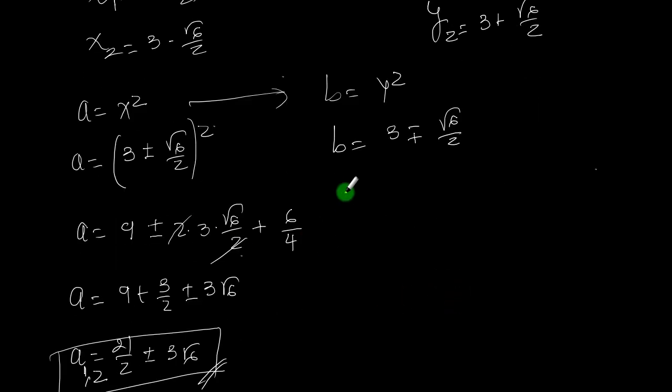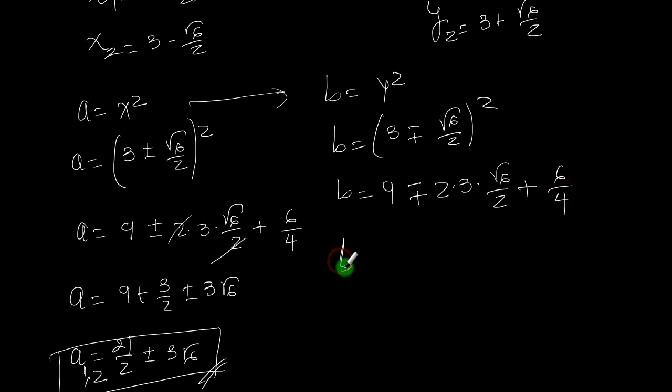And this is squared, right? So our b is going to be 3 to the power 2, which is 9, minus or plus 2 times 3 times square root of 6 divided by 2, plus this squared, which is 6 divided by 4.